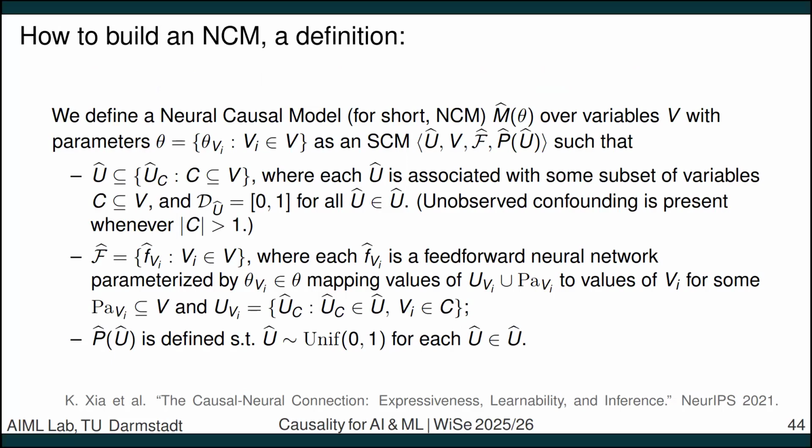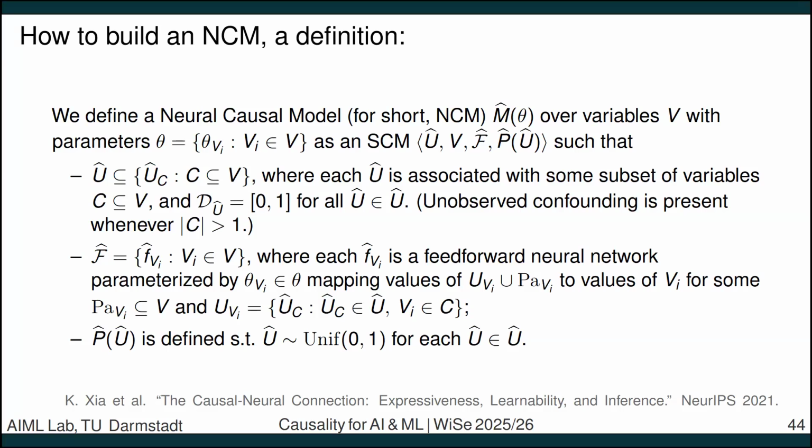And yeah, again, as I said, here it's written more formally. It's the same as a standard SEM. We simply swap out the structural equations via a neural representation by a neural network, and keep all the rest the same.